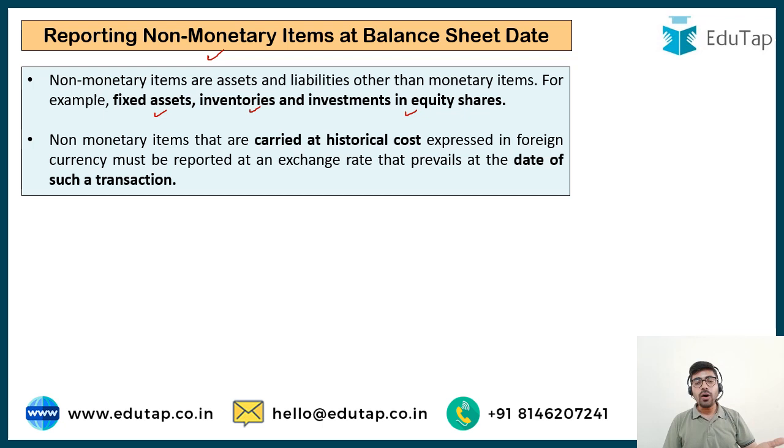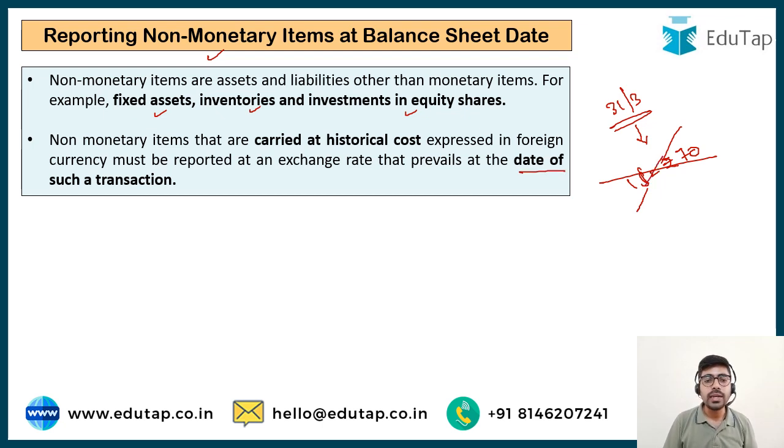So how should this stock be recorded in the books of accounts as on 31st of March? For this purpose, we do not have to consider the exchange rate on 31st of March. $1 equal to rupees 70 is not going to be applicable in this case. We have to consider the exchange rate at the date of the transaction. For example, if I had bought some machinery, okay, let's take another example.